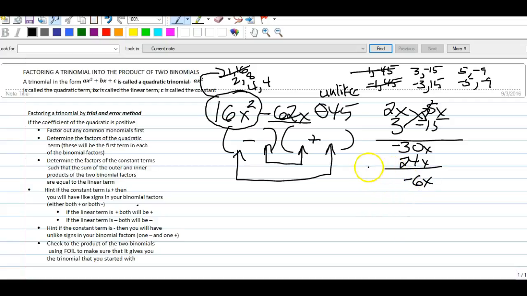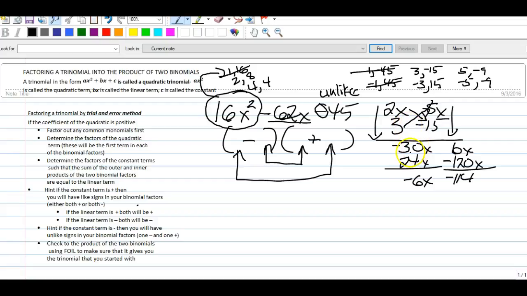Well, that's not what I'm looking for. I'm looking for a minus 62x. Now I need to look at all possibilities, so I need to also multiply these pairs together. 2x and 3 is plus 6x, and a minus 15 times 8 gives me minus 120x, and that gives me minus 114x. And you say, well, I probably should take the 2x and the 8x and use negative 3 and positive 15.